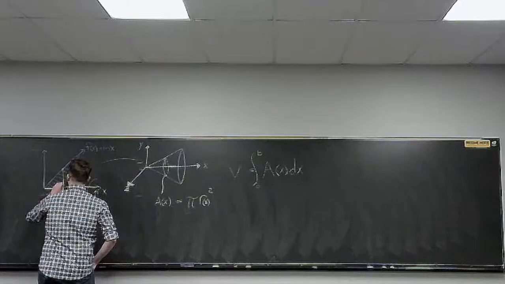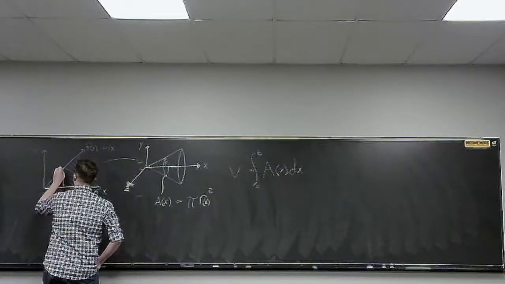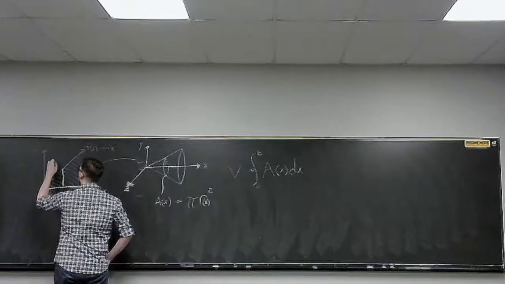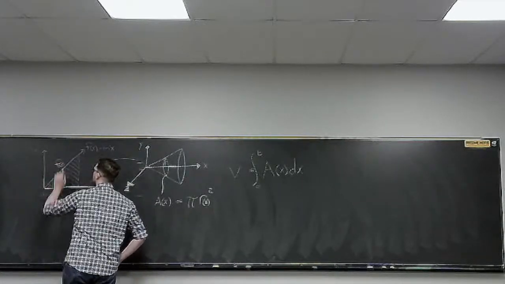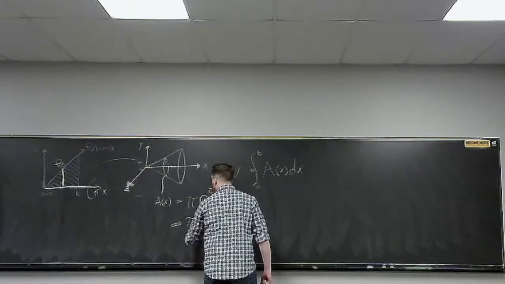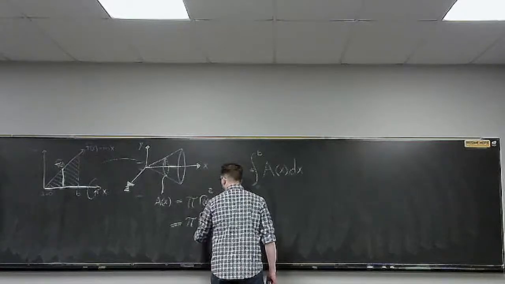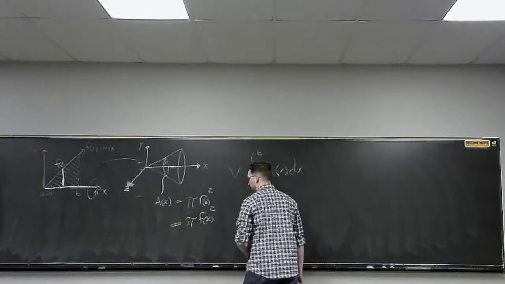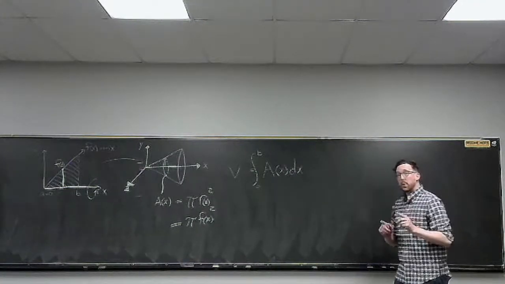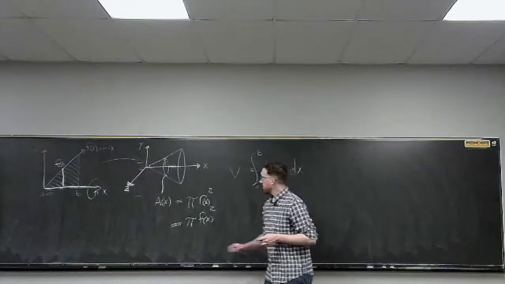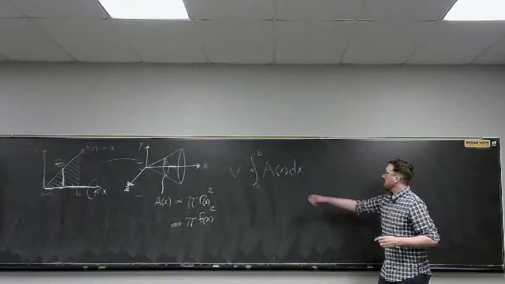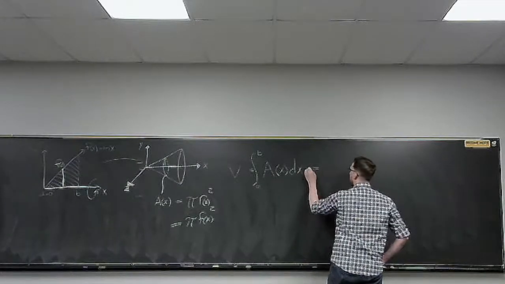This line in green, that's probably hard to see, and I apologize for that, has a height of f of x. So the radius here is equal to your function evaluated at x. In other words, the cross-sectional area of any of these disks is pi times your function squared, which now gives us the rest of this formula.